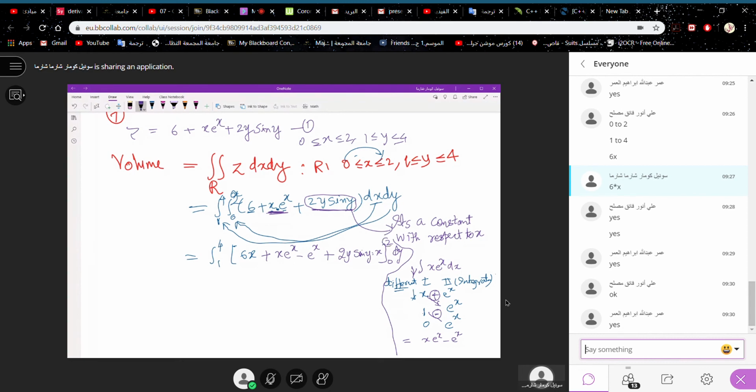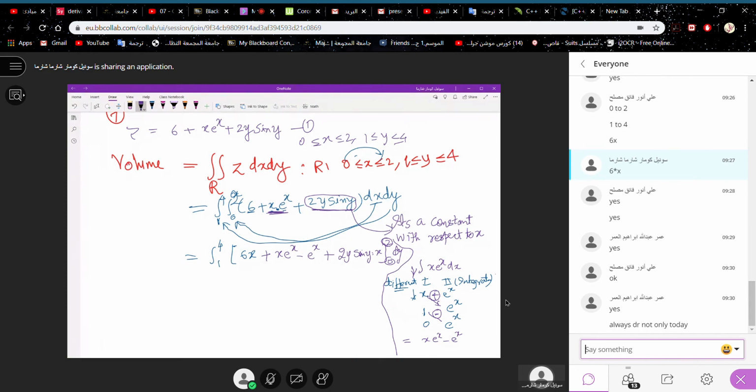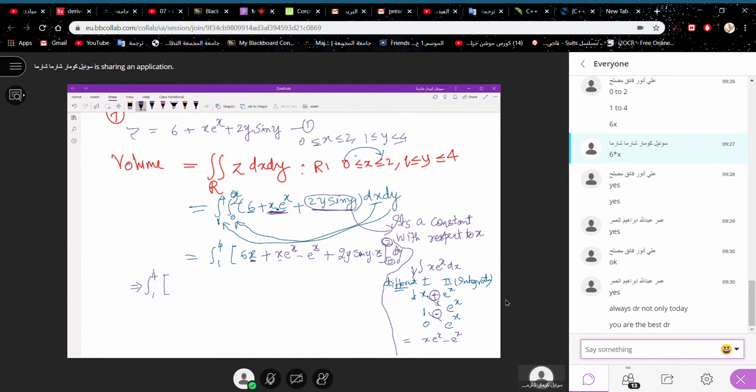These are the limits for x and these are the limits for y. Now we will apply them. So this is 1 to 4. And here, this is your x, this is your x, wherever is x, we will put 2. Okay? So how much will we get? In place of x, we put 2.